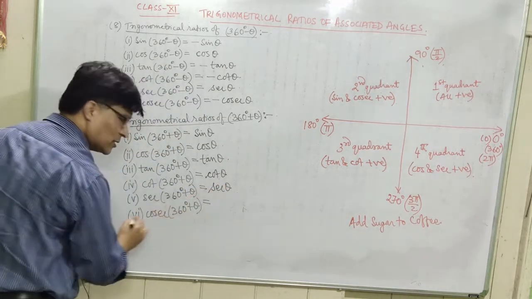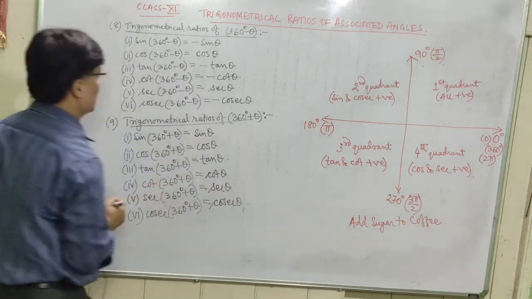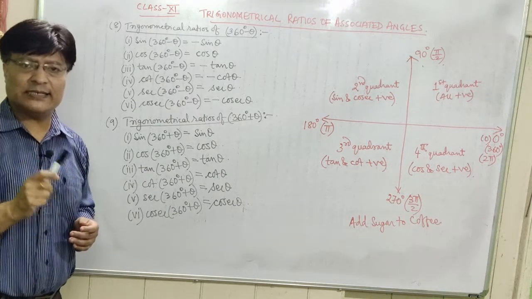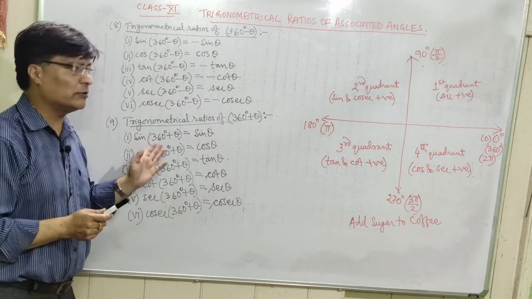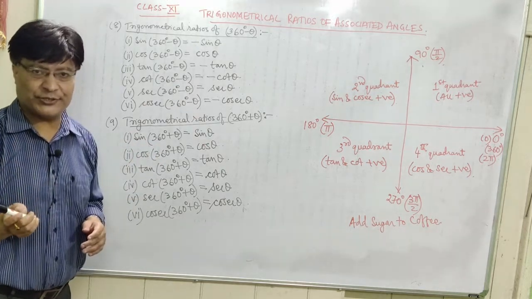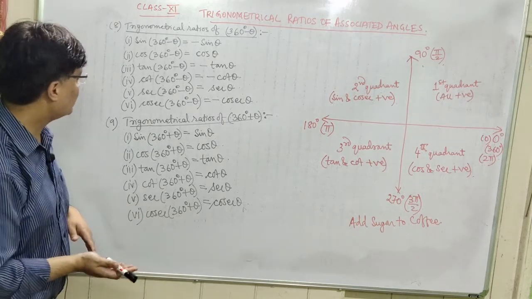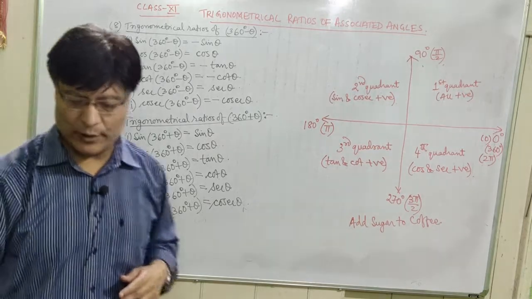Sec theta. What is cosec 360 degree plus theta? It is cosec theta. Because as you know that 360 degree is 90 degree into 4, which is even multiple of 90, trigonometrical ratios do not change. So I think you have understood it. You can copy it. We'll do another formula now.